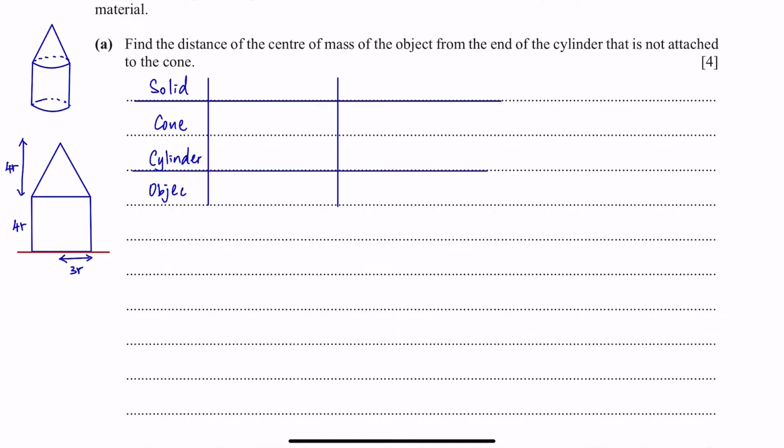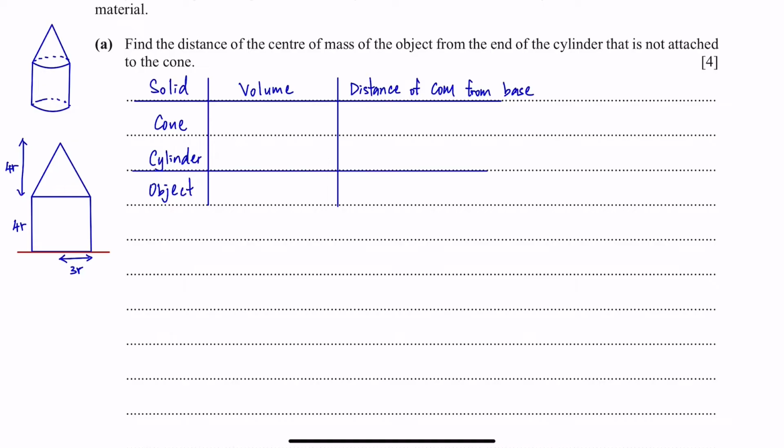So let's just call it an object. And the second column, we have the volume. Third column, we have the distance of center of mass from the end of the cylinder that is not attached to the cone. Let's call it the base.